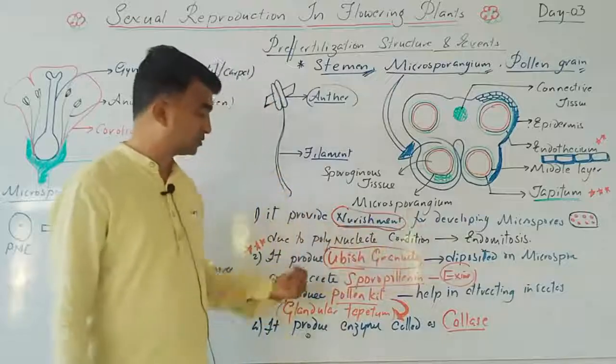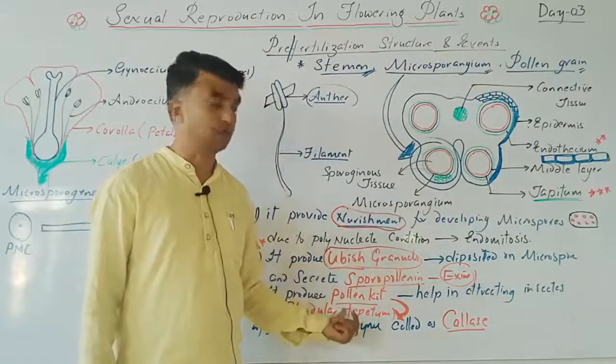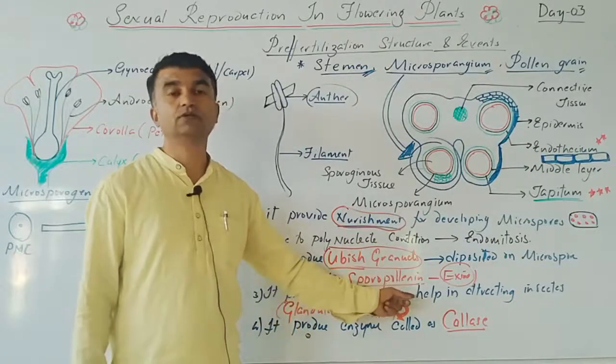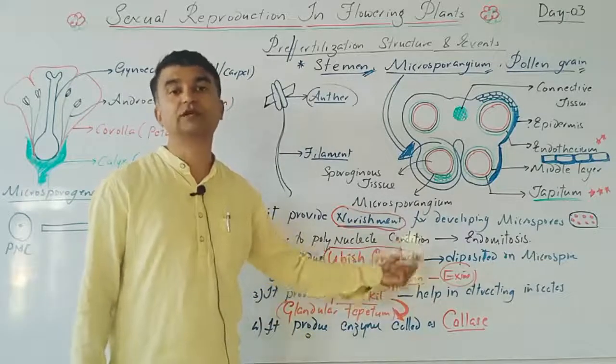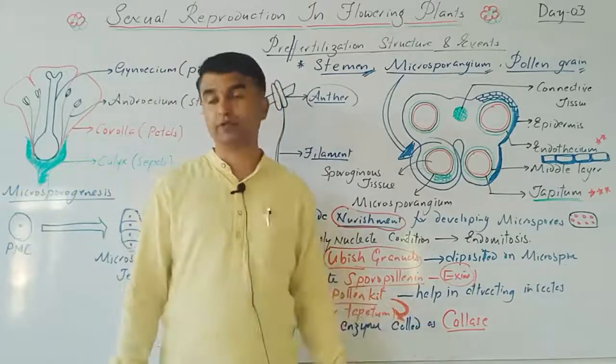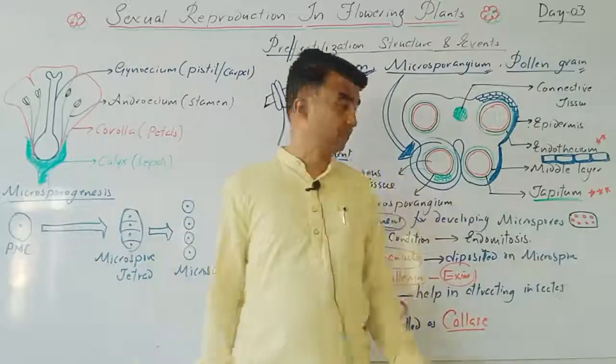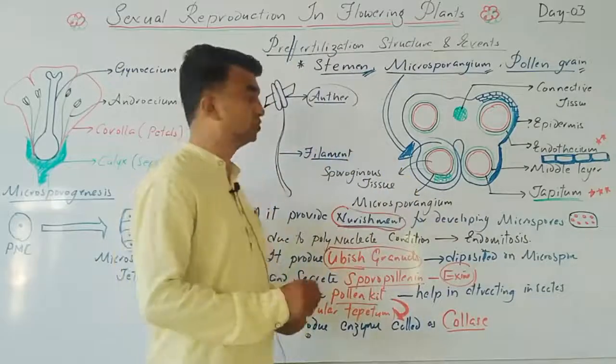Next is secreting the pollen kit from the glandular tapetum, produced in the entomophilous, insect pollinated flower. Next is the callase enzyme that will help in the dissolution of the callose from the microspore tetrad. So the tapetum function is over.